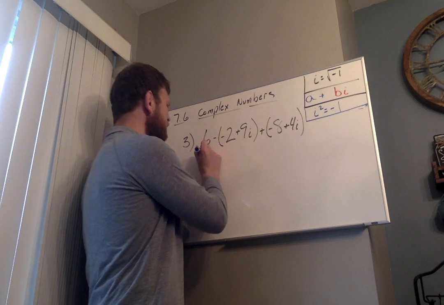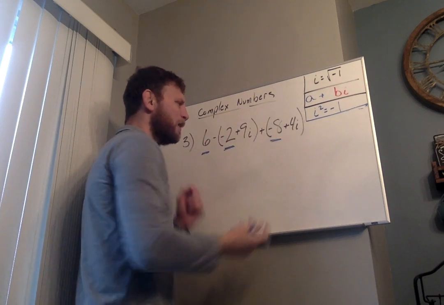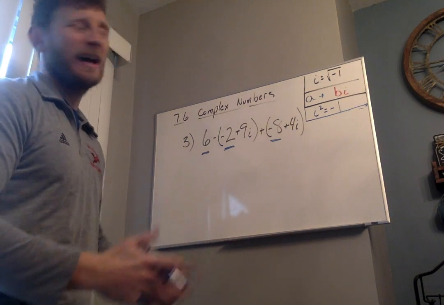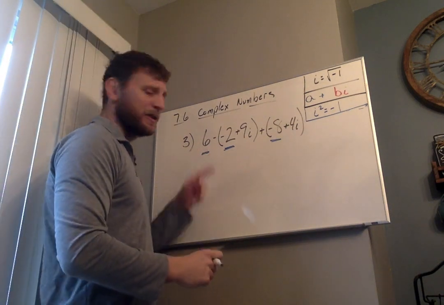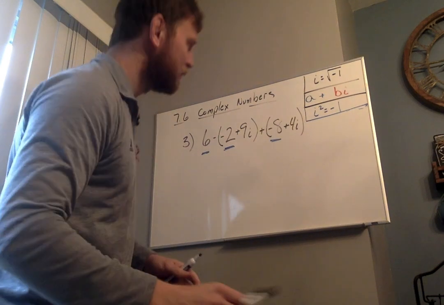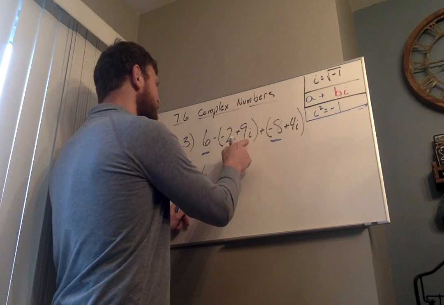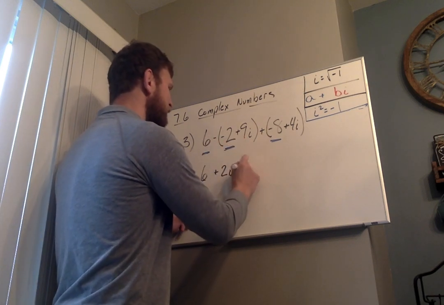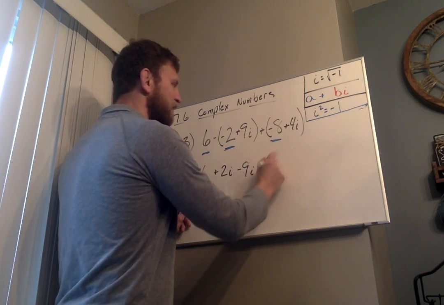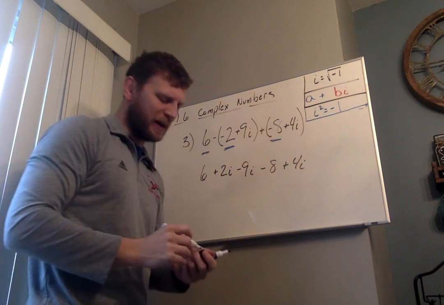Well, notice this piece and this piece are all numbers that don't have the imaginary part. They don't have the i. So first thing I might want to do, to make my life a little bit easier, would be change the sign of these two because I'm subtracting. So plus 2i minus 9 minus 8 plus 4i. I'm just rewriting this back half because it was positive.